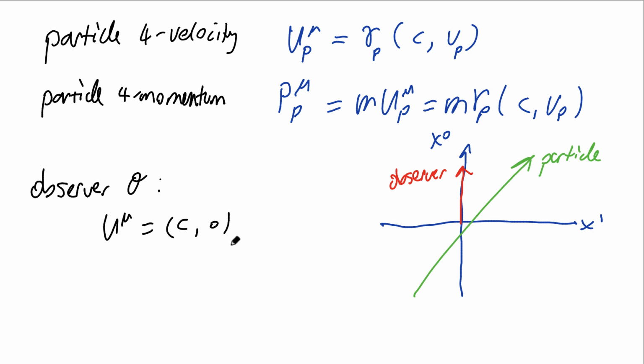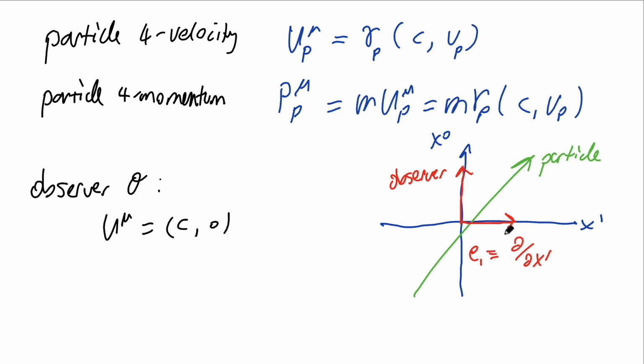Now for this observer, the set of events that are seen as simultaneous are events that lie along a horizontal line in this diagram. In other words, there are events that lie in the direction of this basis vector. This is the vector d/dx1, and we'll call this vector e1.